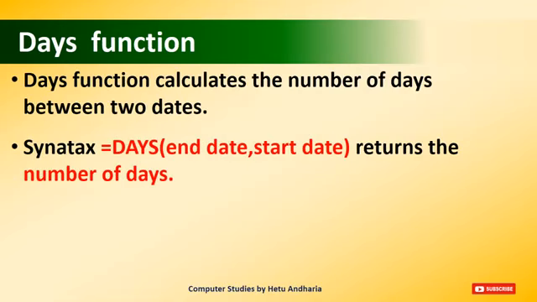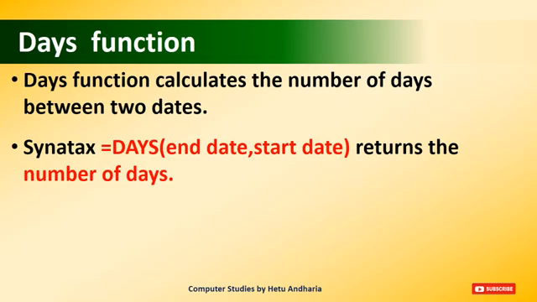Now we come to days function. Days function is a very interesting function. It is used to calculate the number of days between two dates. For example, if you want to measure that day is my friend's birthday, so how many days are left in between, then you can use this function. If you want to count how many days old you are, years you know, but exactly how many days, then that also you can find using this function.